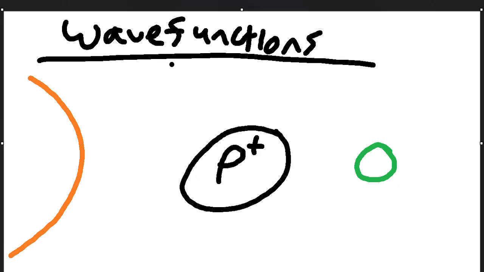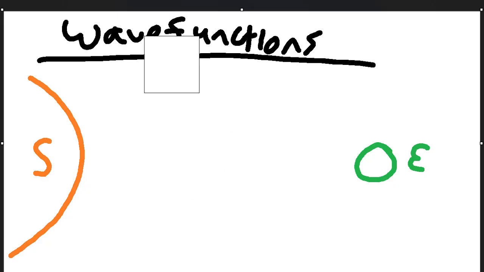Gotta label your elements. Anyway, the point is this particle could be anywhere between the sun and the earth if we were to go hunt it down and find it. If we have some machine that can locate the proton, we use a wave map.